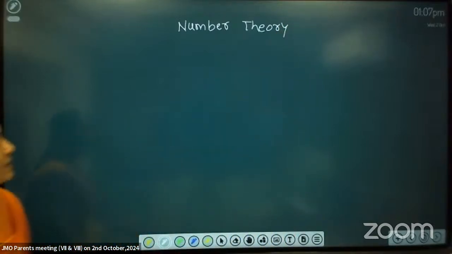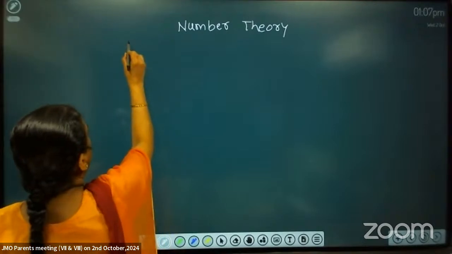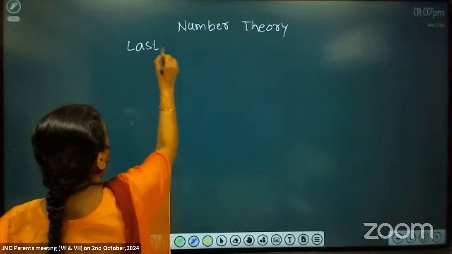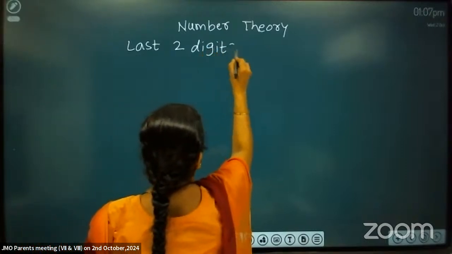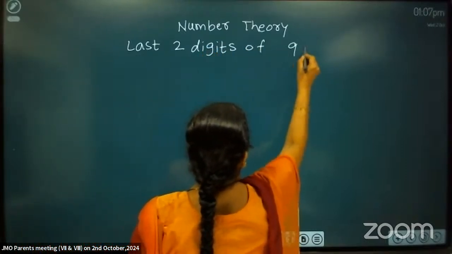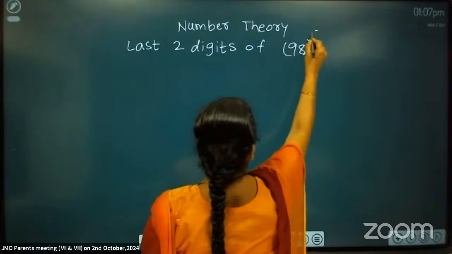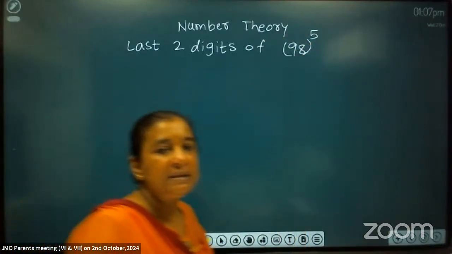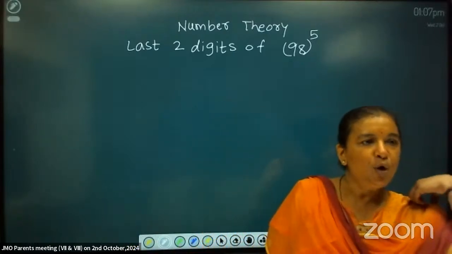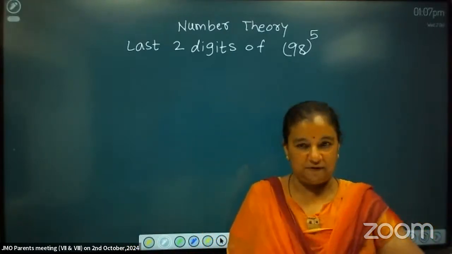Now, if I ask you, tell me the last two digits of 98 to the power 5. Or for that matter, I can ask the last three digits also of 98 to the power 5.